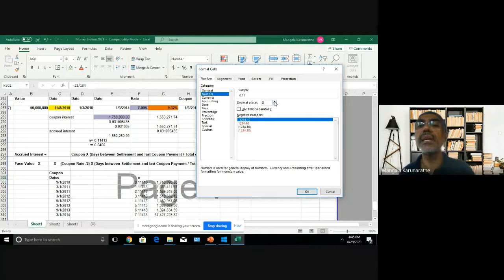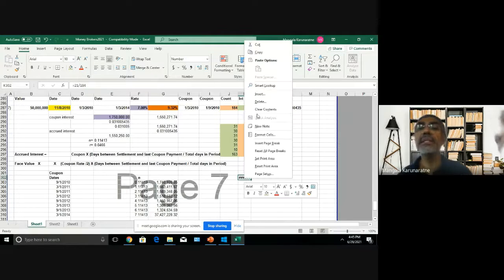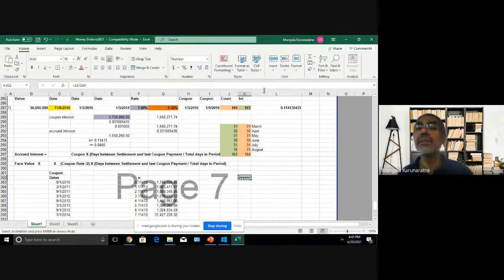So you have to try these calculations and see, right? Now I have put more decimals into this. The only thing is I can't expand it here, because when we copy it, the others also get expanded, right?